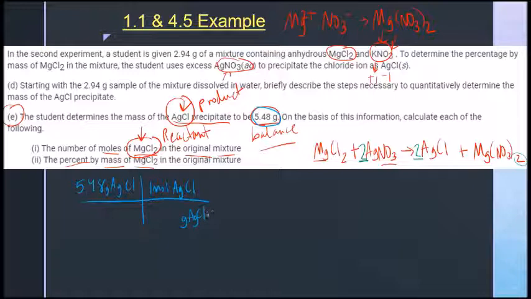Find the molar mass on the periodic table. Silver is 107.87 and chlorine is 35.45. So this ends up being 143.32. At this point, what step comes next in the track?